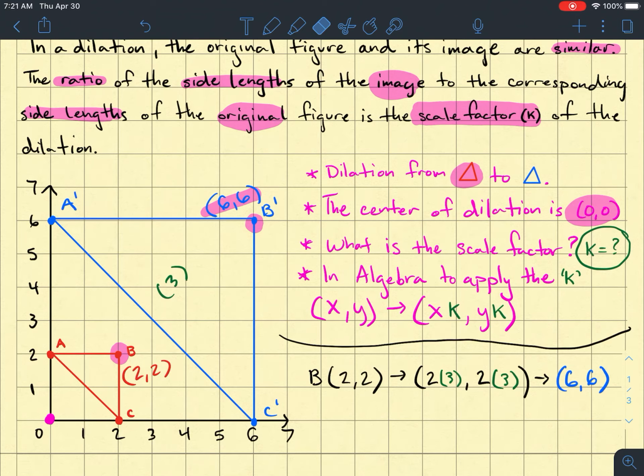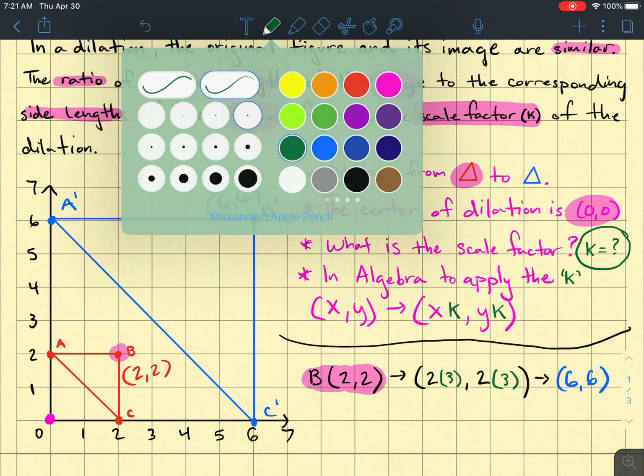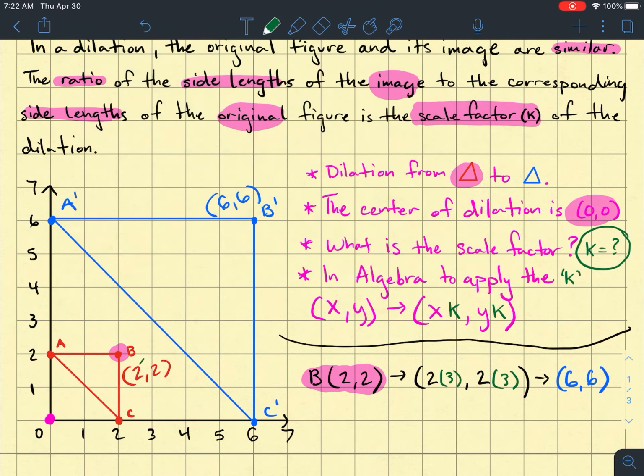So you take the coordinates of the original figure, you multiply them by 3, and then you'll get the image's coordinates. For example, sticking with B, the location of B is (2, 2). The scale factor that we determined by looking at how to get from 2 to 6 is 3.